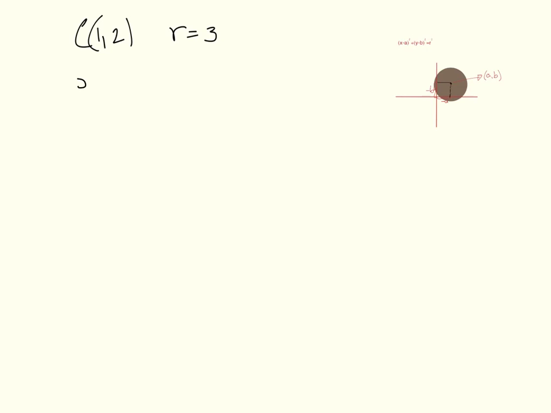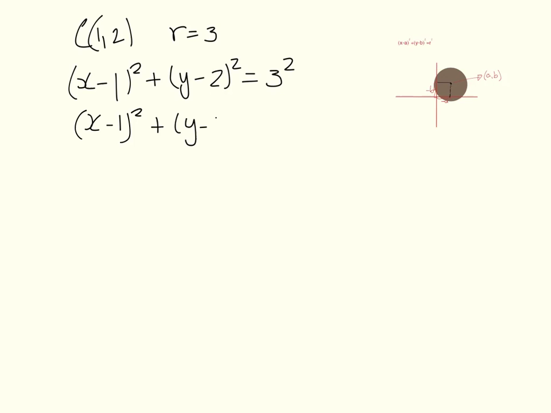We already know it's going to be (x minus a) squared plus (y minus b) squared is equal to r squared, and r in this case is 3. This is the unit that it's moved in the x direction, so put the 1 there. This is the units that it's moved in the y direction, so put the 2 there. And basically we can simplify if we want. We have (x minus 1) squared plus (y minus 2) squared is equal to 9.